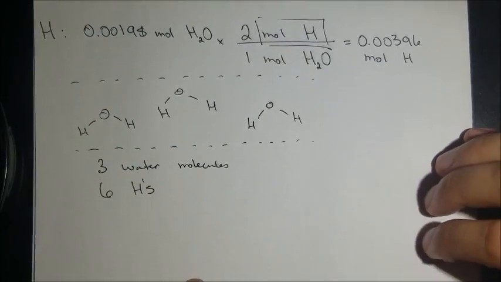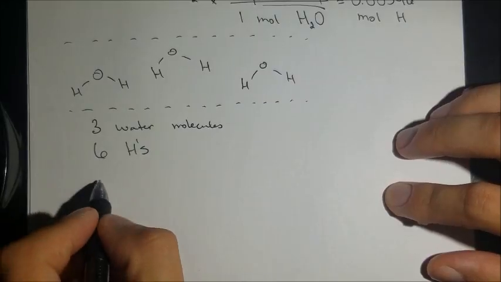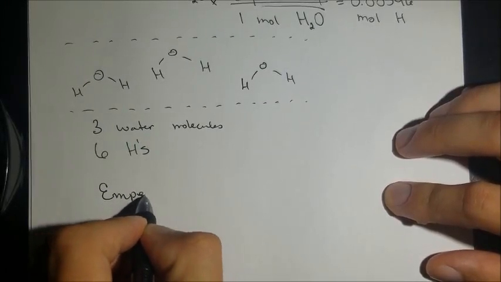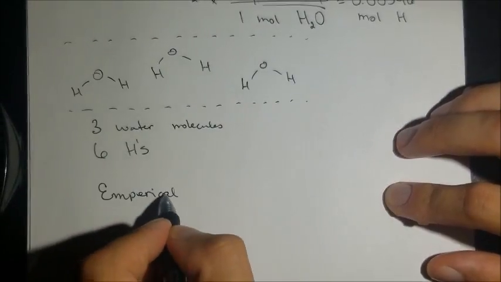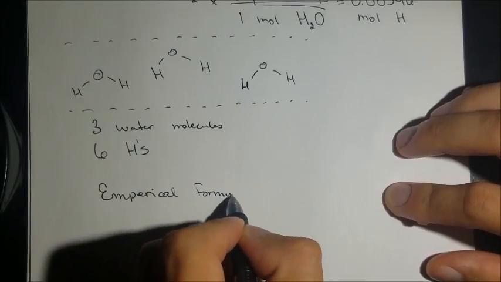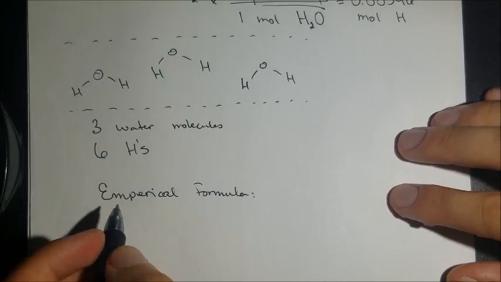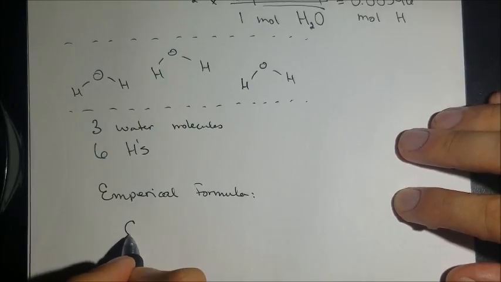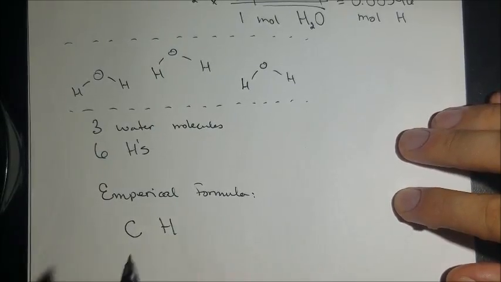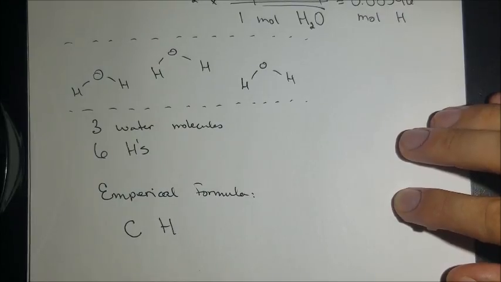So we're going to use those two quantities to make our empirical formula. Empirical formula. Okay. So I have carbon and I have hydrogen. That's the definition of a hydrocarbon, right?